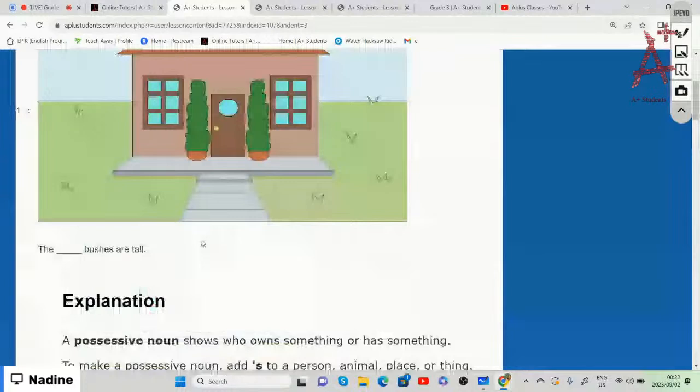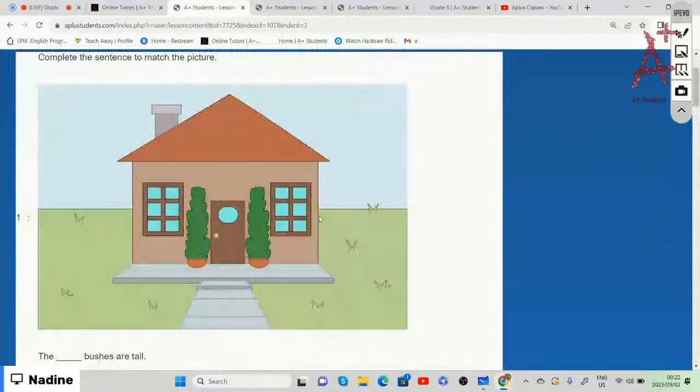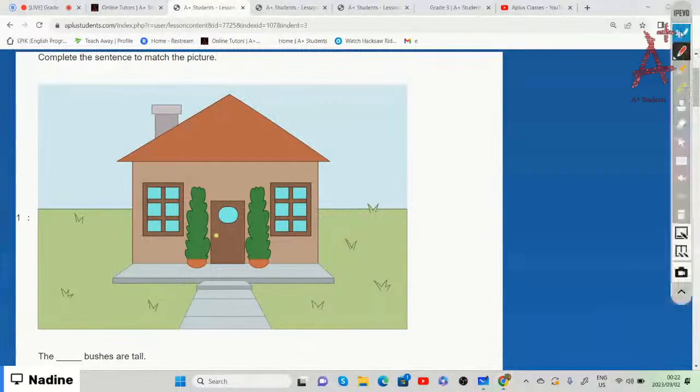If we look at the picture in front of us, this is a house. Around the house we have grass, and in front of the house, on either side of the front door, we have tall bushes.